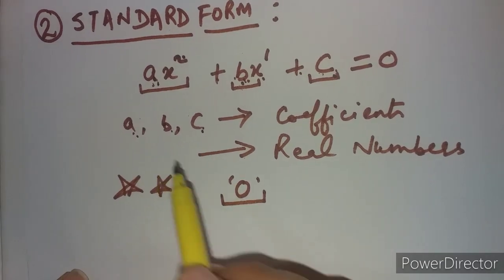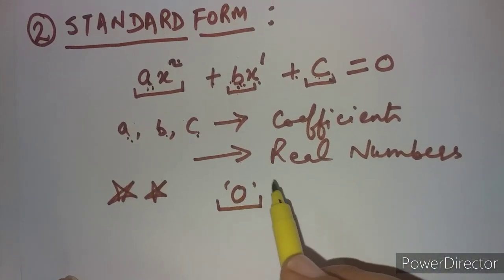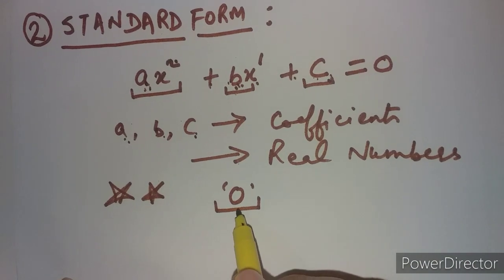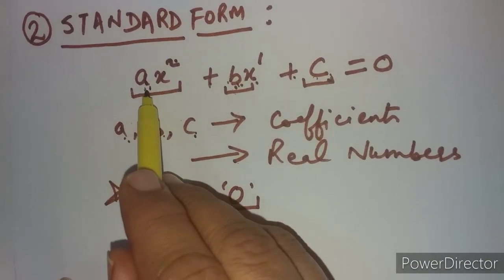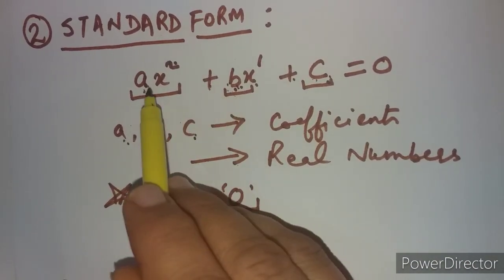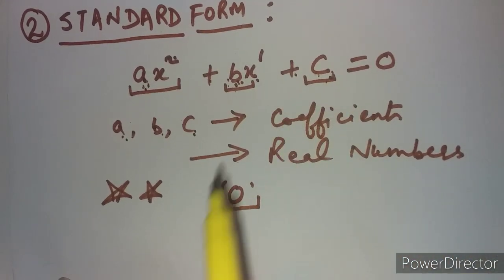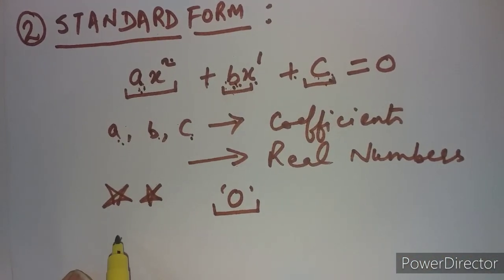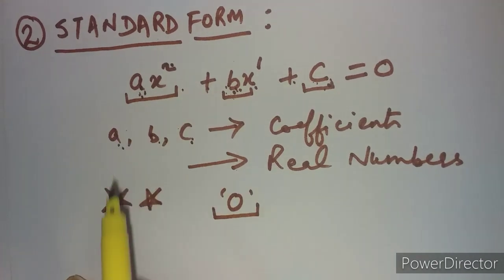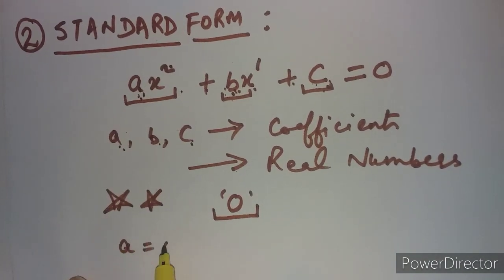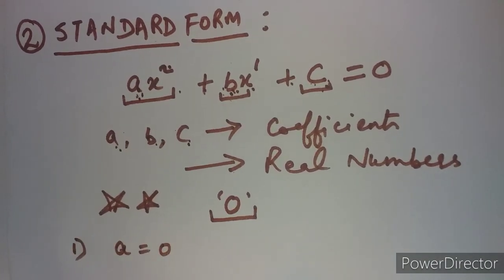Out of all those real numbers, can 0 come at any place on these a, b, c or not? Let us say, first of all, I take up the first term, ax square, and if I say a is equal to 0, this will be our first case.